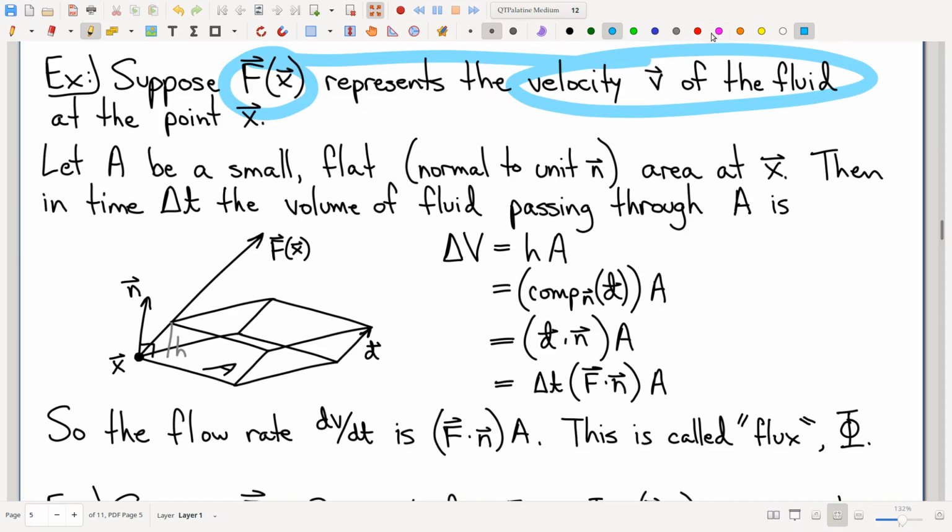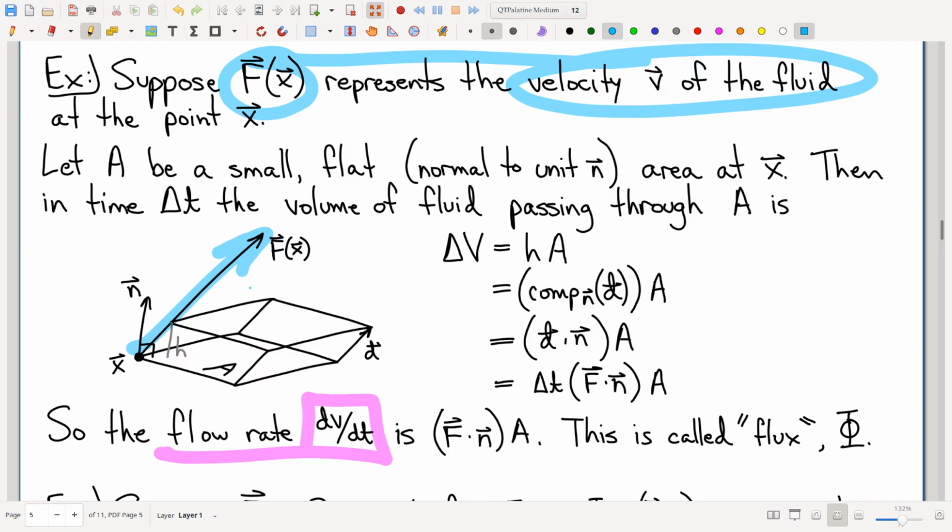Perfectly reasonable question to ask: what is the flow rate? By flow rate, I mean if you've got some cross-sectional area like this parallelogram down here, and there's a fluid flowing like so, how much volume per unit time of water is passing through that little piece of surface?